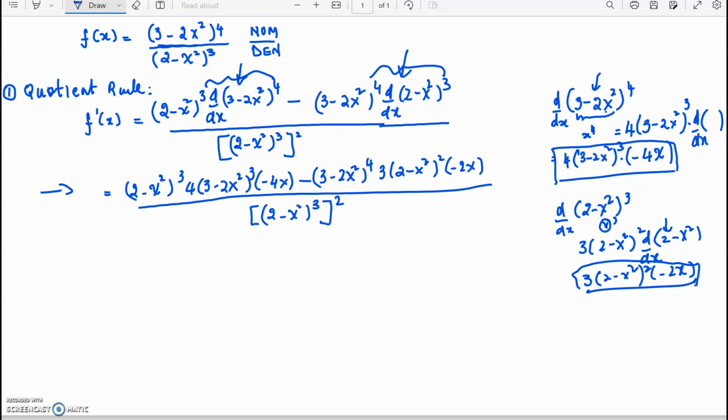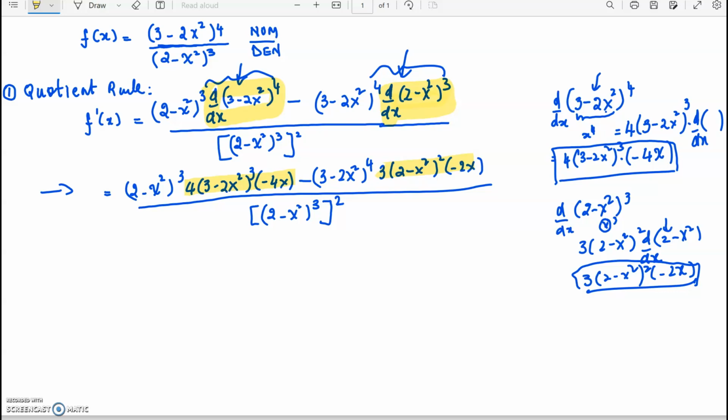So in this step, all we've done is replaced the derivative d by dx of 3 minus 2x squared to the fourth power with 3 minus 2x squared the whole cube times negative 4x. And same thing here, we've replaced this, that is d by dx of 2 minus x squared the whole cubed with 3 times 2 minus x squared whole squared times negative 2x.